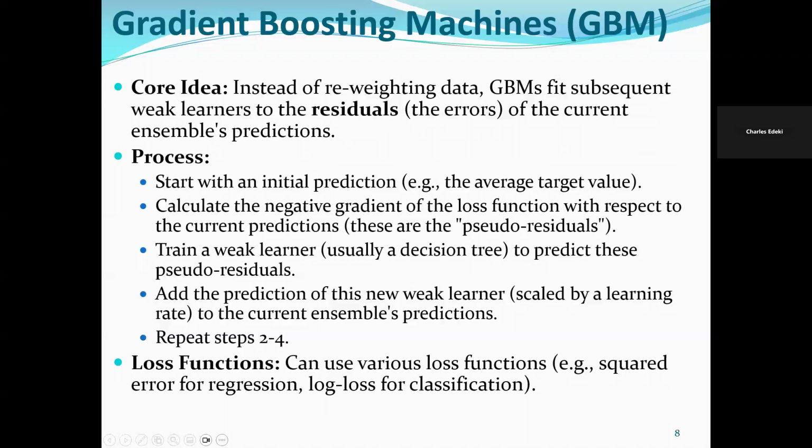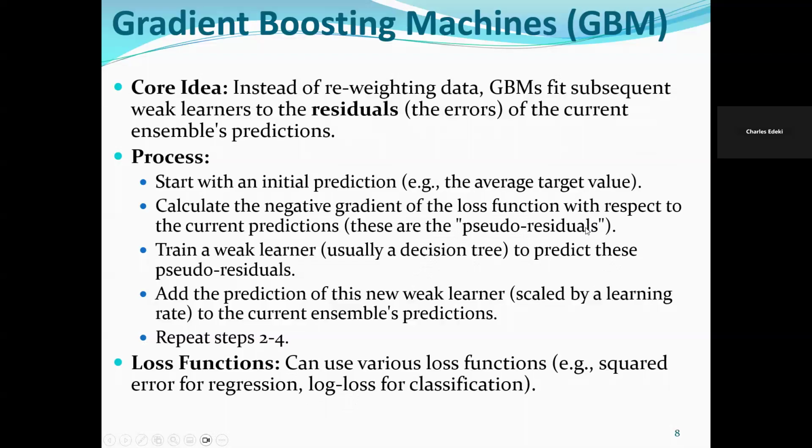In the iterative process, we calculate the pseudo residuals. Calculate the negative gradient of the loss function with respect to the current predictions, which we call the pseudo residuals.